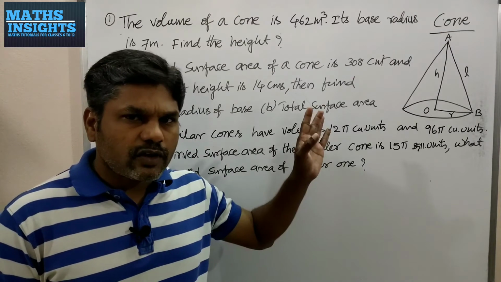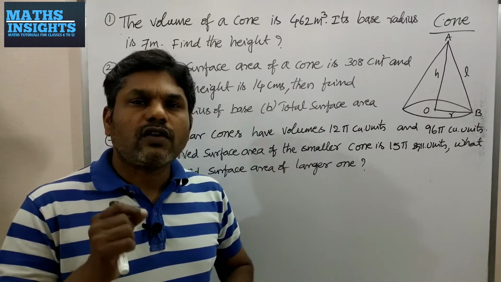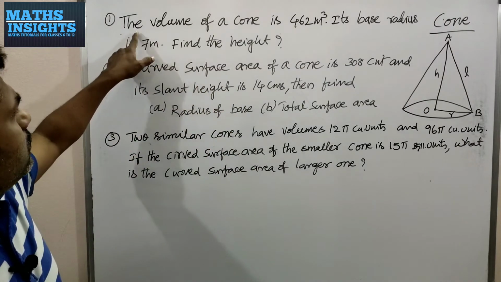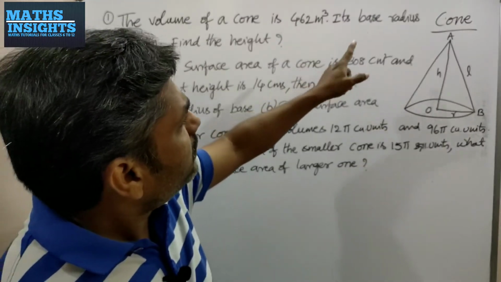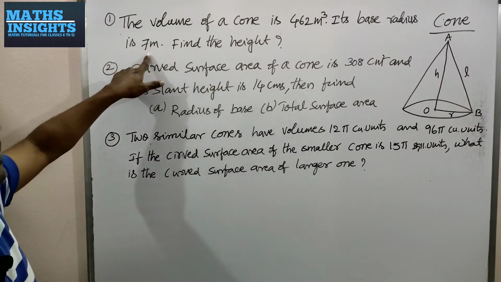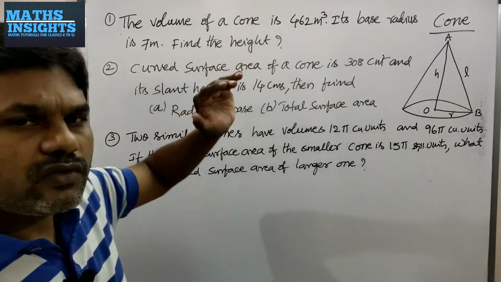I am taking 3 problems which are related to the formulas or concepts which we discussed. If you see the first problem, the volume of a cone is 462 meter cube. Its radius of base is 7 meters. Then find the height. Very simple. They have given the volume.